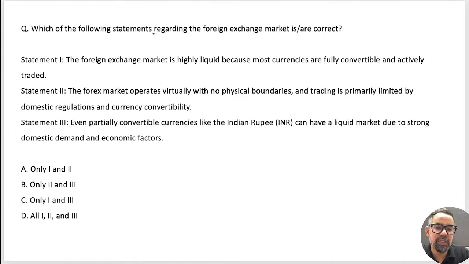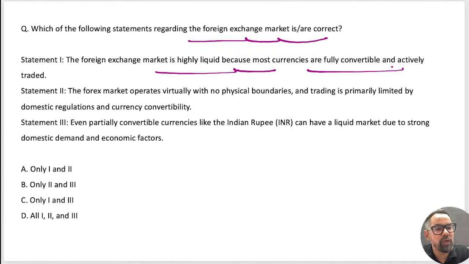Which of the following statements regarding the foreign exchange market are correct? The foreign exchange market is highly liquid because most currencies are fully convertible and actively traded. Not most currencies; there are few currencies which are fully convertible. This is not the reason behind the market being highly liquid. It is because the participation is global, the market is 24 into 7, and there are many buyers and sellers. The first statement is wrong.